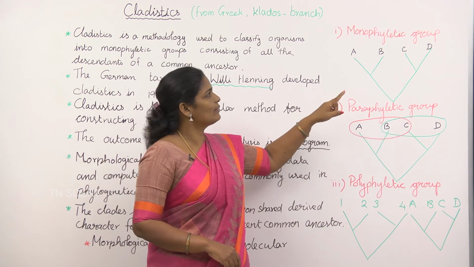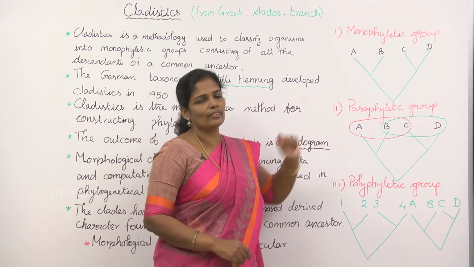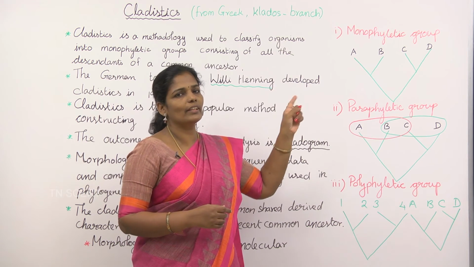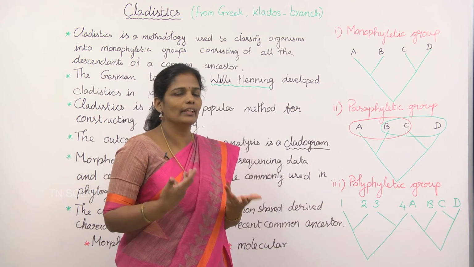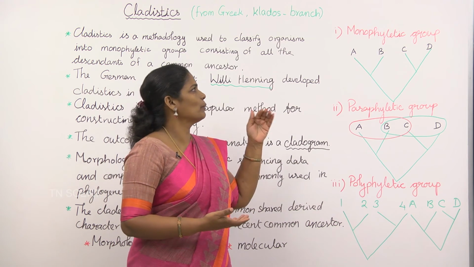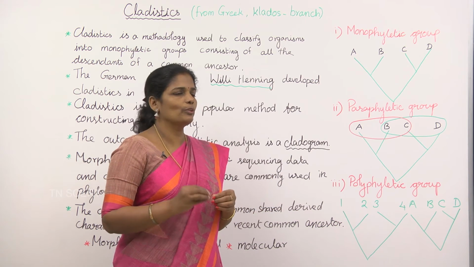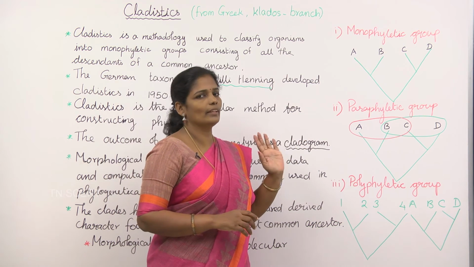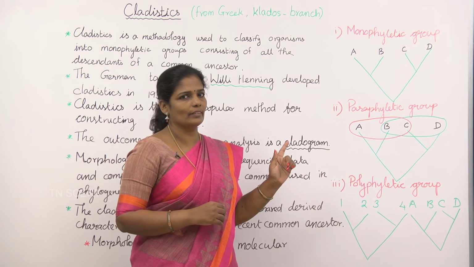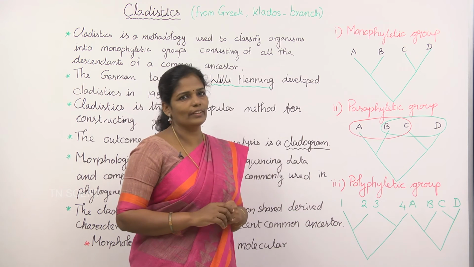So, A, B, C, D, all these are derived from a common ancestor, isn't it? You needn't think that it should be given as A, B, C, D. You can give any letter or number, whatever the case may be. All these are individuals derived from a common ancestor. So, here all these together are called a monophyletic group.